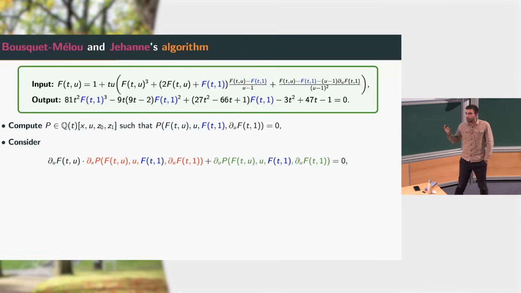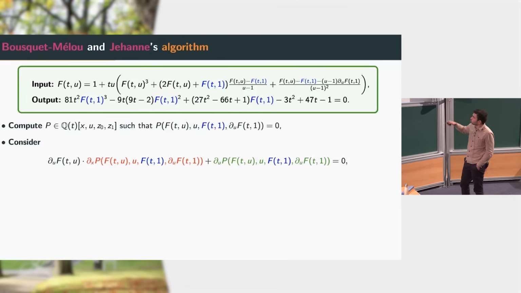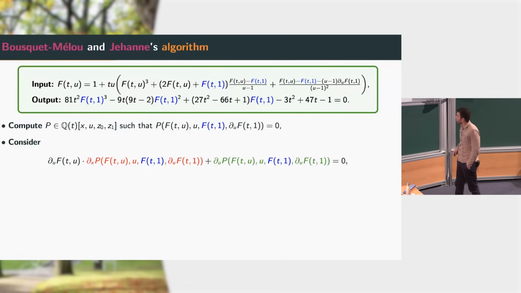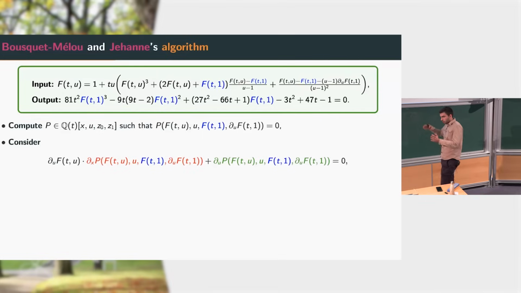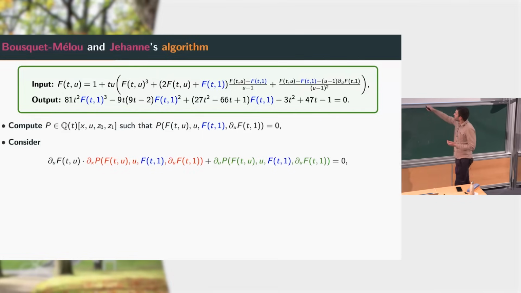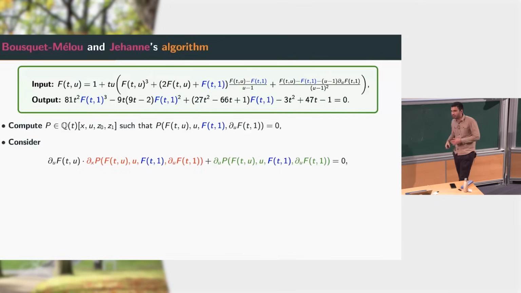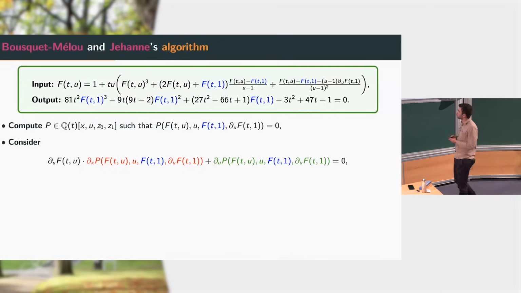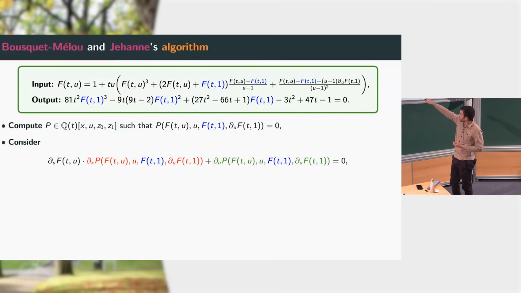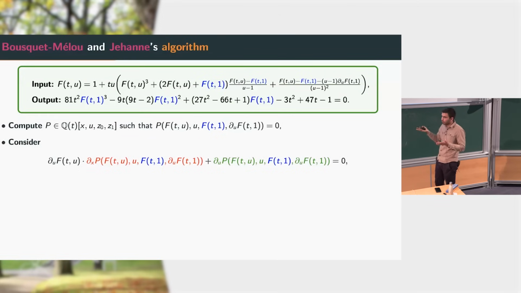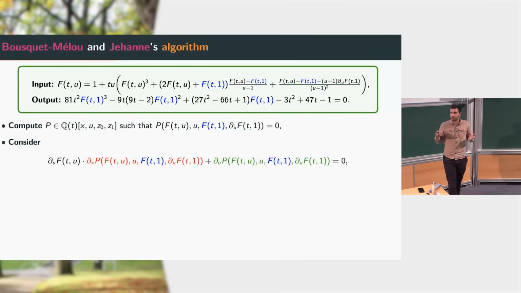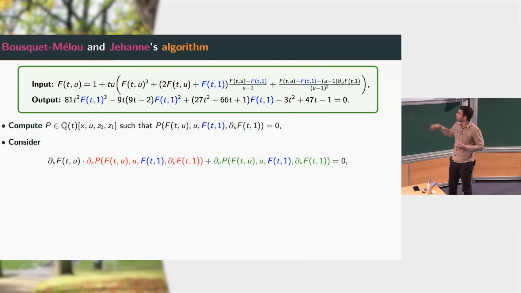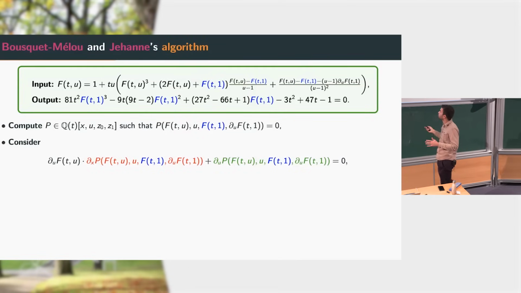In order to create more equations, what they observe is that they just have to take the derivative with respect to the variable u, and so by the chain rule they obtain the following equation relating the initial series. And now they introduce ∂F, and they obviously don't want to consider ∂F. So they search for solutions that cancel this red term, solutions in the variable u, because in the end, as we are interested in F(t,1), we don't really care about this variable u.